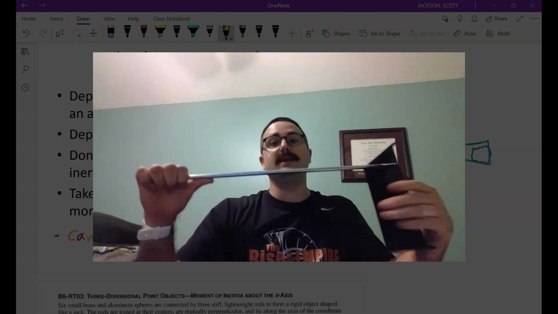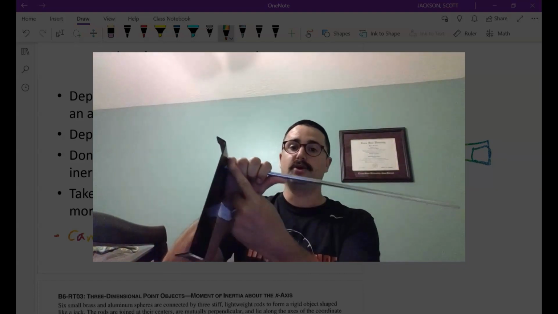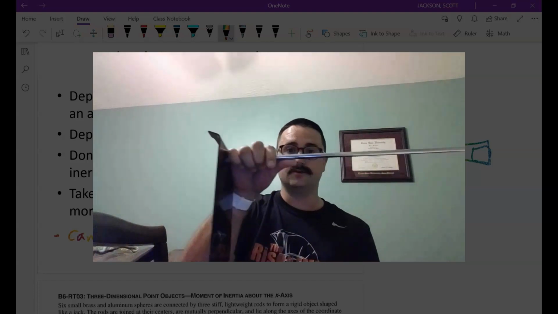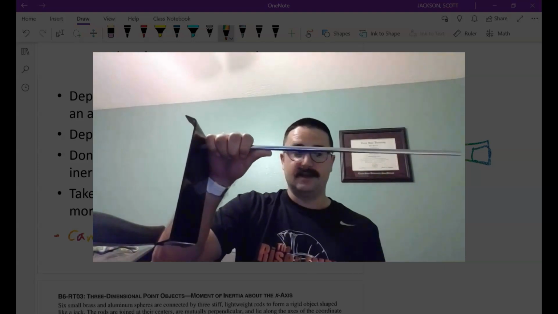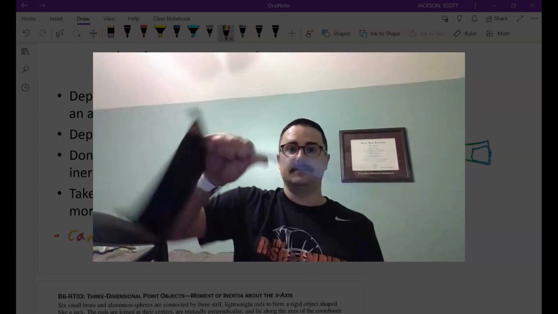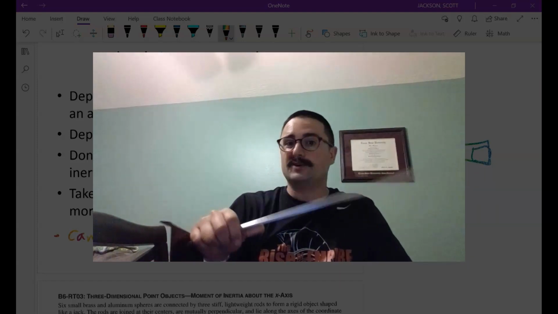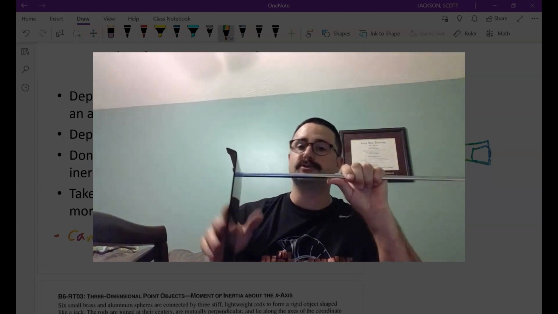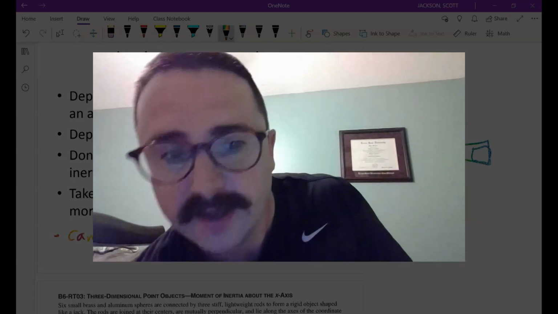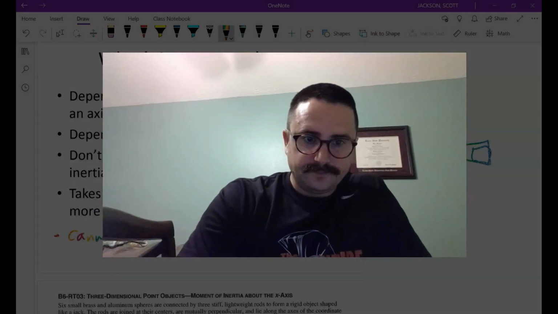Now let me try it again, but I'm going to change how the mass is distributed. It's going to be close to the axis of rotation, so my R value is now much smaller. Let's see how fast I can do this one. Okay, 1, 2, 3, 4, 5. Ooh, 4 seconds. So much easier to rotate when the mass is closer to the axis of rotation. So those are some examples that we'll be looking at.